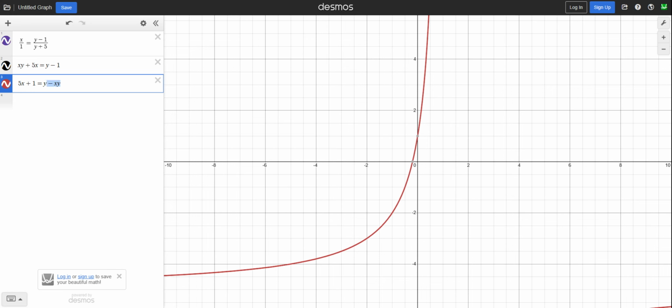Now, I need to factor the y out of this. So that's y times 1 minus x. So all I did was factor the y out of this.